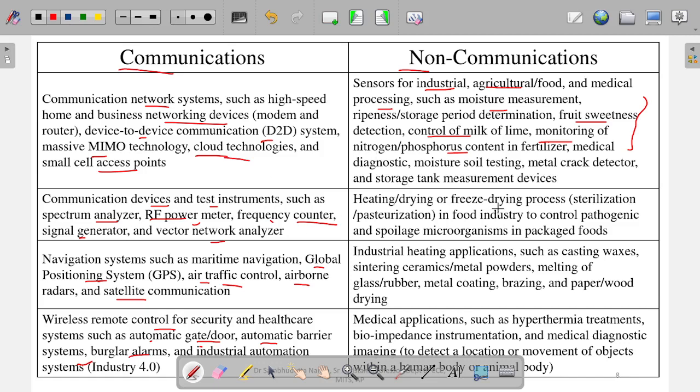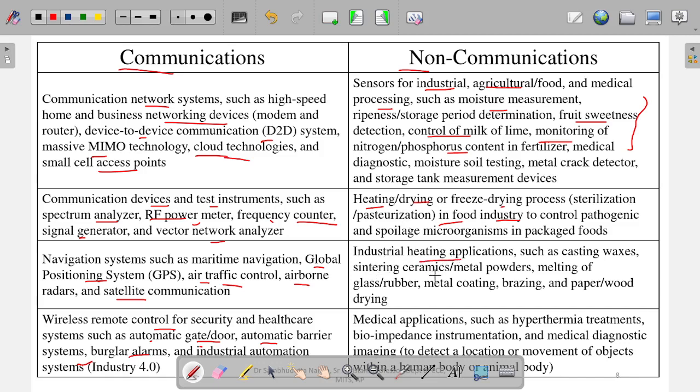Next is heating, drying, freeze drying processes, and sterilization in the food industry. The best example is the microwave oven used in the kitchen as a non-communication application of microwave engineering. We will also learn that towards the end of this lecture series. Next, industrial heating applications.